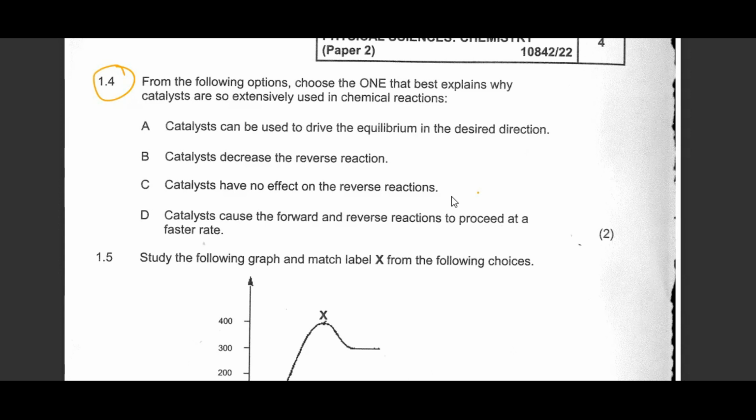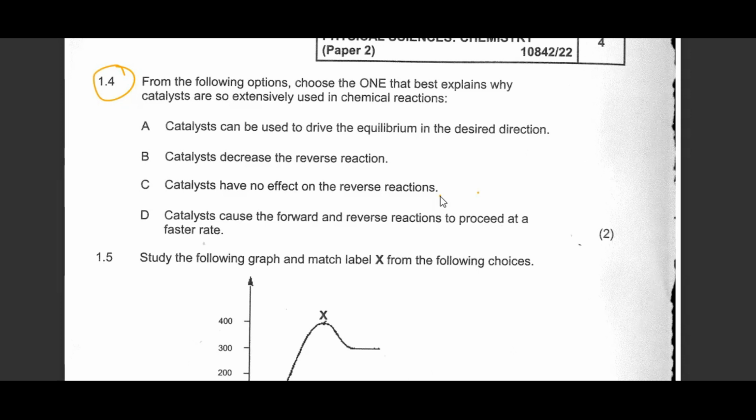Catalyst can decrease the reverse reaction. Really? Then they're saying that catalysts have no effect on the reverse reaction. Catalysts cause forward and reverse reactions to proceed at a faster rate. So they're asking you to choose from the options the one that best explains why catalysts are widely used in chemical reactions.